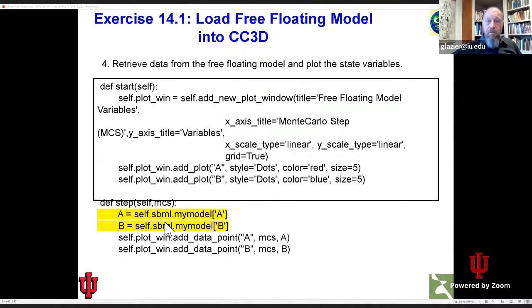And then what's more interesting, and I apologize for the format issue here, I don't know why the box isn't displayed properly. After you've stepped your model, you can say A is self.spml.myModel of A, B is self.spml.myModel of B, and then add A and B to the plots. So now you're reading out the values from the SPML model.